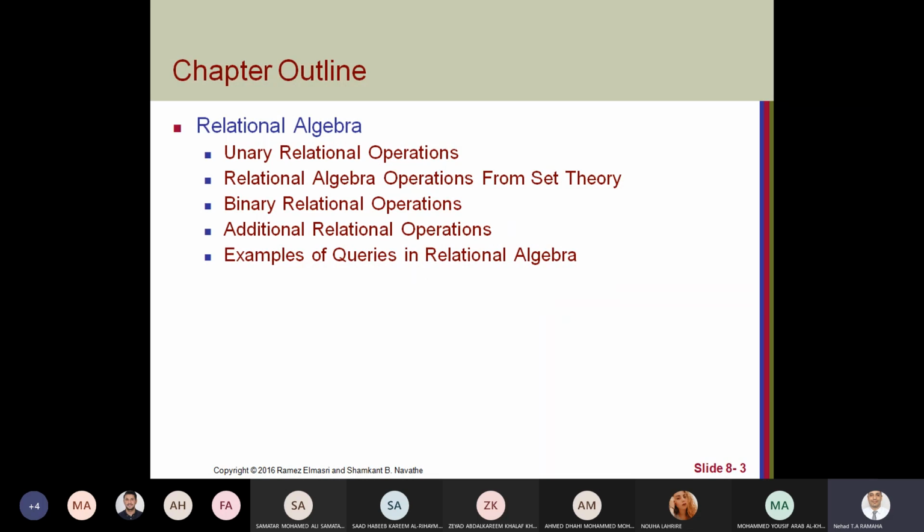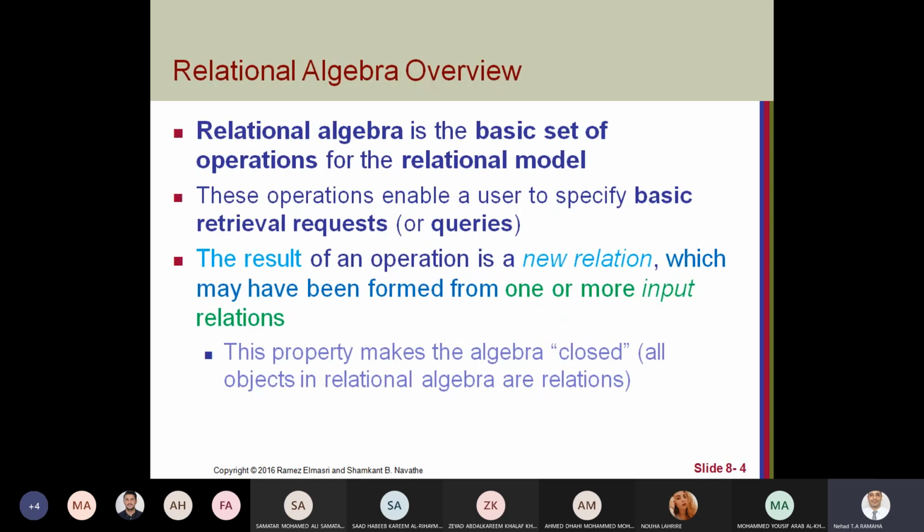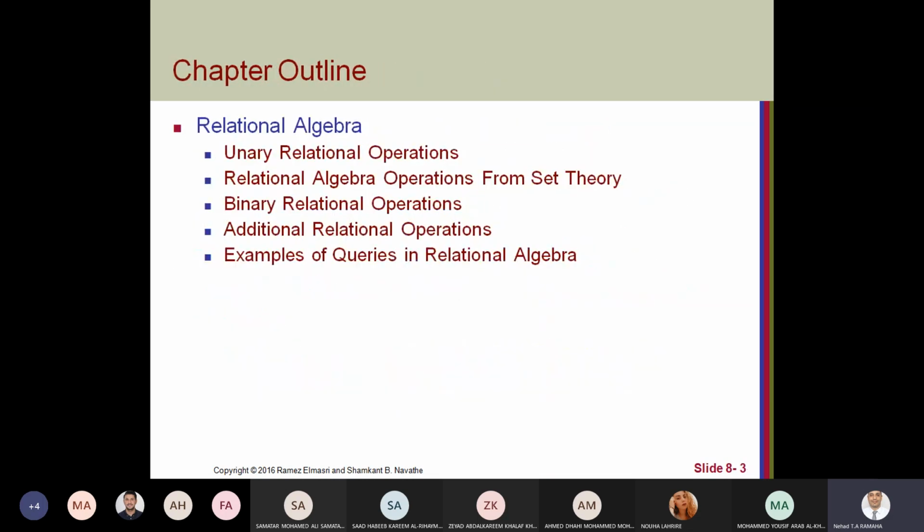First, we will speak about a type of relational algebra we call unary. This type of relational algebra operation takes one relation and returns as a result part of this relation.